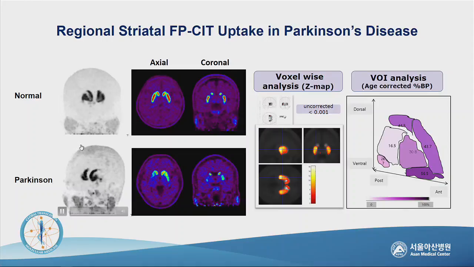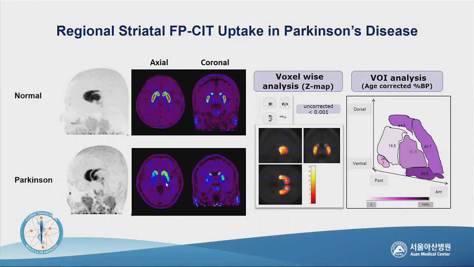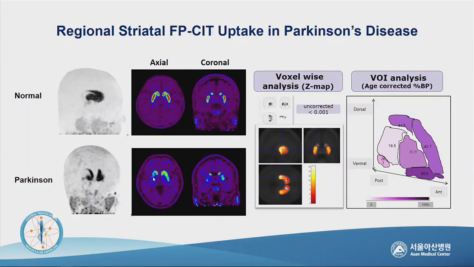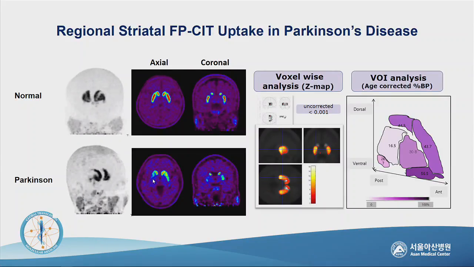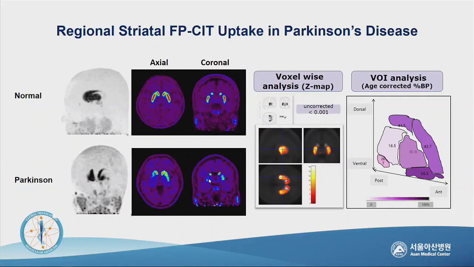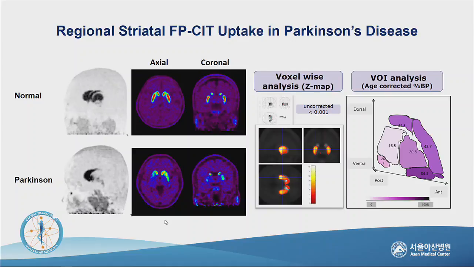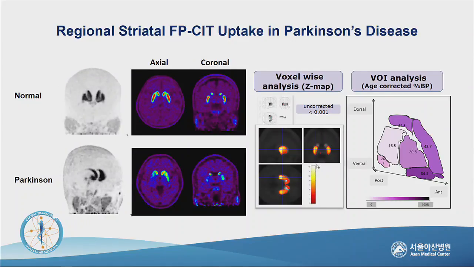And in Parkinson's disease, as you can see, there is asymmetric decreased uptake in the putamen, mainly the posterior putamen, in the transverse scan, and in the coronal scan, as you can see, the dorsal part of the posterior putamen is more preferentially decreased. Voxel-wise and VOI analysis also show this trend.